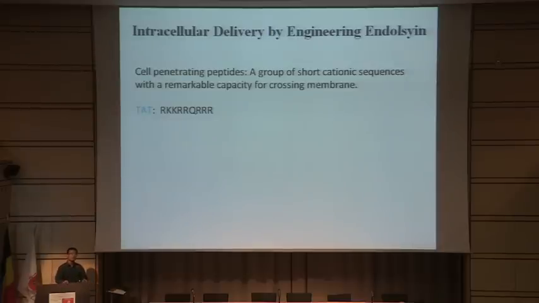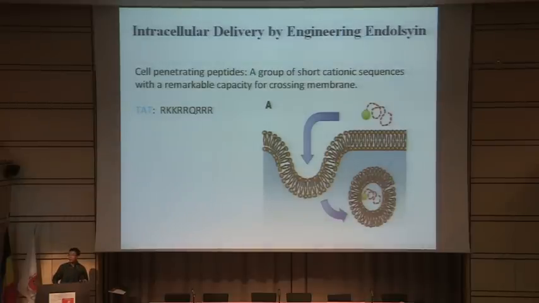Cell-penetrating peptides, as someone already mentioned, are a group of short cationic sequences with a remarkable capacity to cross the membrane. One of the most famous cases is the tat peptide. You can see there are a few arginine and lysine, which are positively charged residues. These positively charged residues can interact with the negatively charged phospholipid head groups in the membrane, promoting translocation through the membrane, shown in this cartoon.